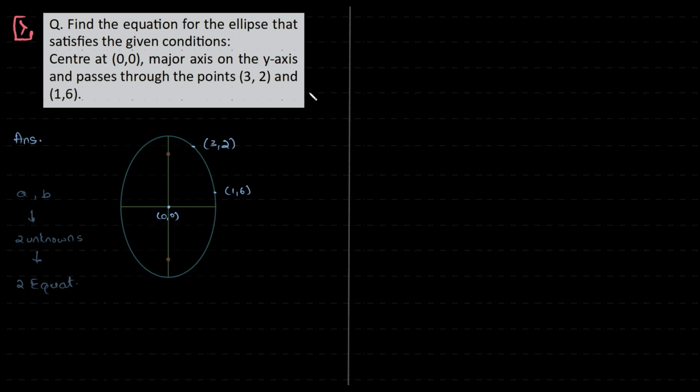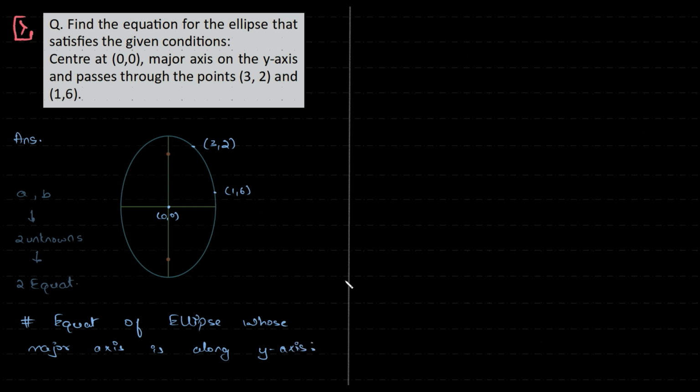Okay. So let's start the answer. We can start here itself. So the equation of the ellipse whose major axis is along the y axis.